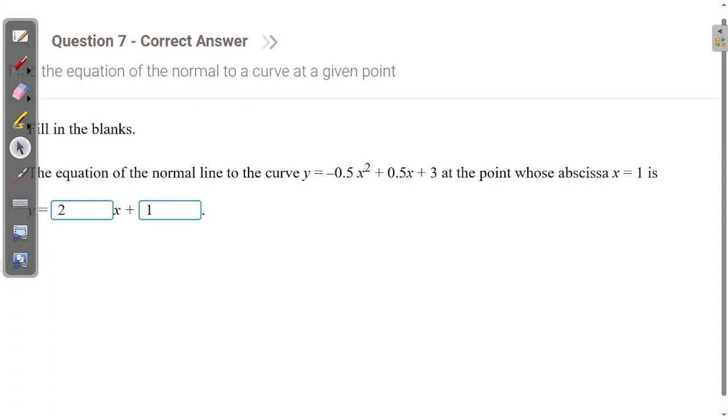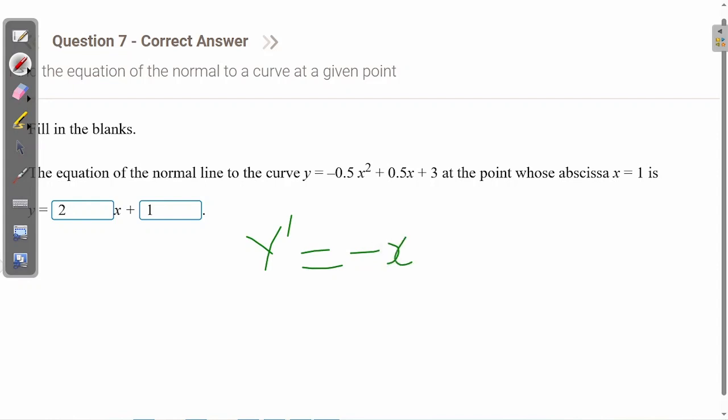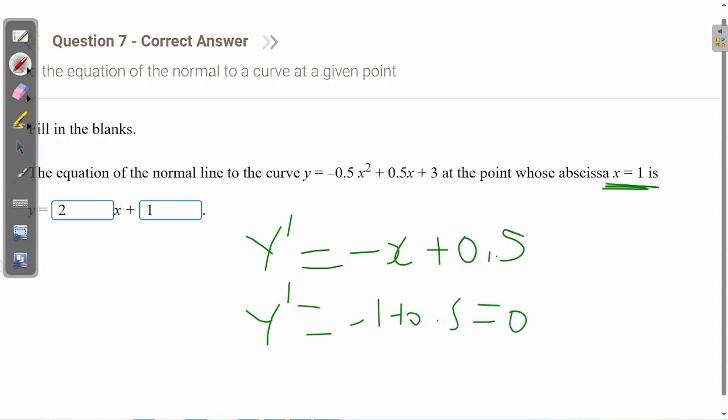So let's start by finding the derivative to get the slope of the tangent. So y prime is equal to -x + 0.5. Okay, that's the derivative. And now substitute in 1. So y prime is equal to -1 + 0.5, which equals -0.5. This is the slope for the tangent.